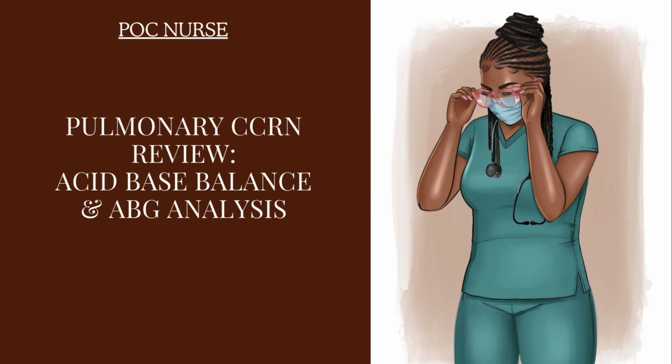The system that makes the alkali will get rid of more alkali in the body so that the pH can get back to normal. So when there's respiratory alkalosis, the pH is higher than usual, and CO2 will be low.